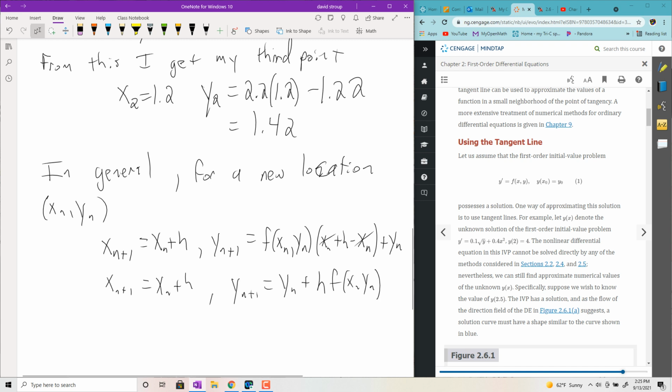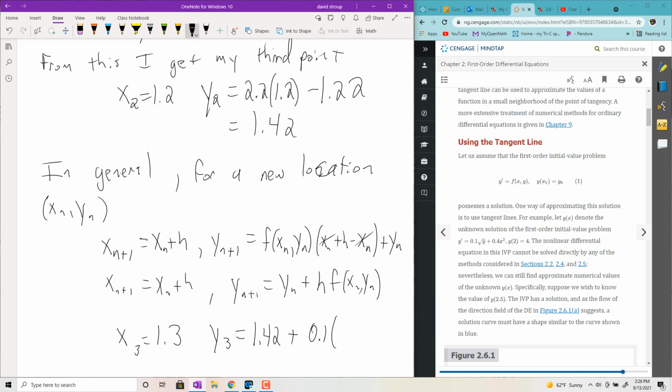So if we use this formula rather than keep on creating a new equation of the tangent line, our x sub 3 will be 1.3 now, and then y sub 3 will be y sub 2, which is 1.42, plus h, which is 0.1, times f of x sub n, y sub n.